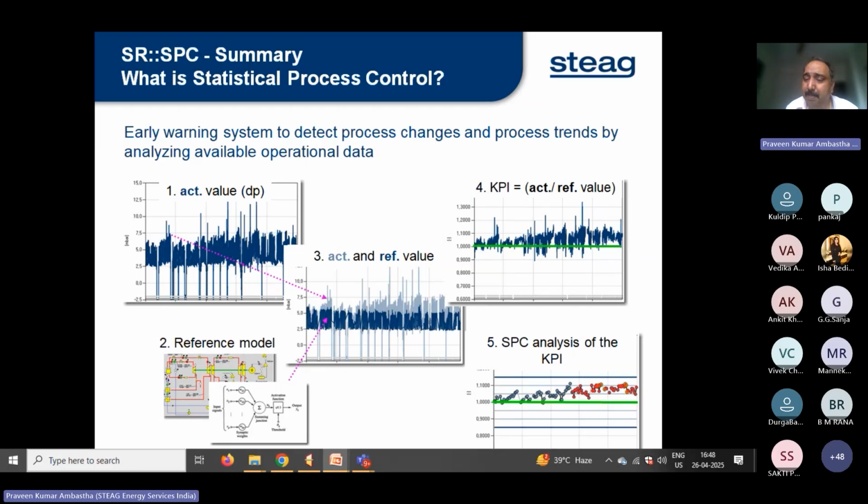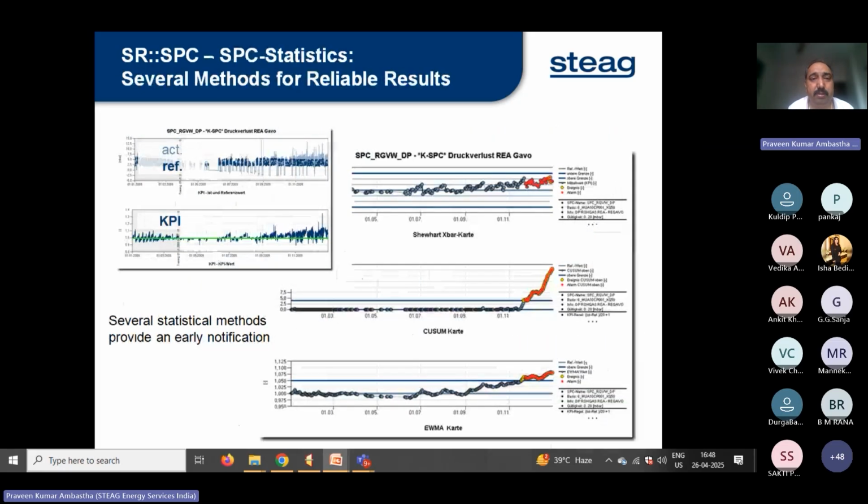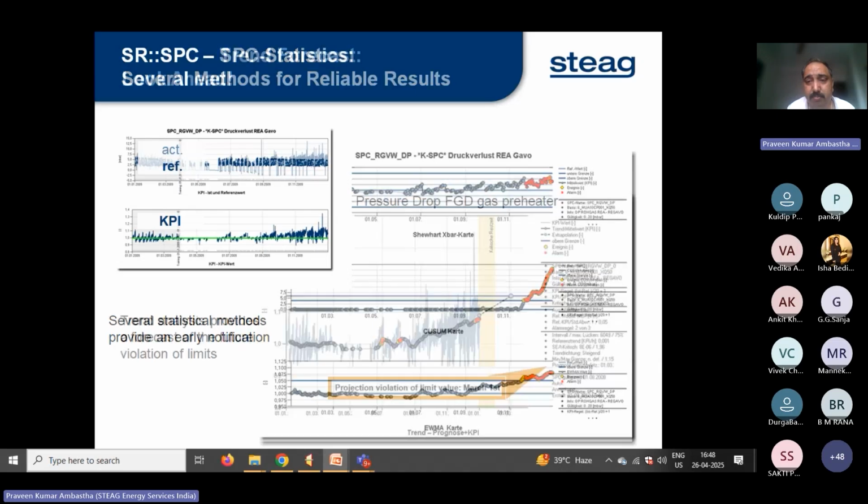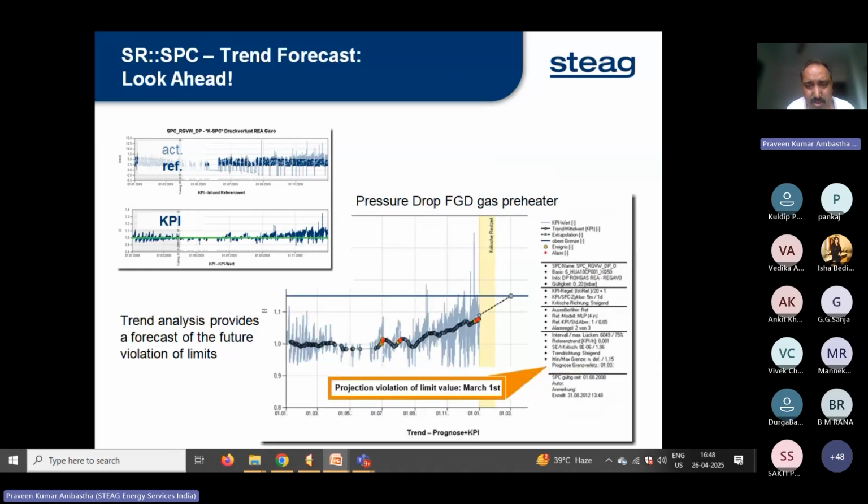And then from the KPI, we shall use the statistical method, and we shall have different charts and all, and we shall be able to capture the fault. And once the fault is very clear, it will not be a wrong fault. It will be a correct fault. So this is the flue gas, the air preheater, gas preheater fault, which is one case study.